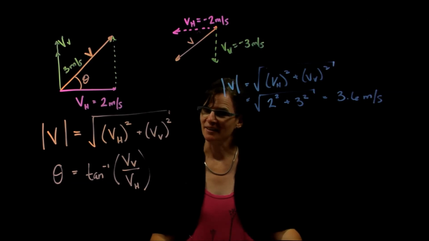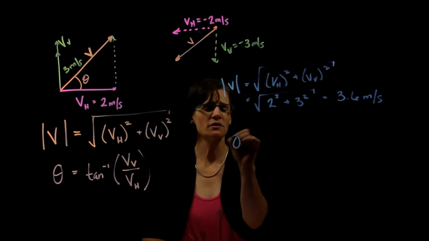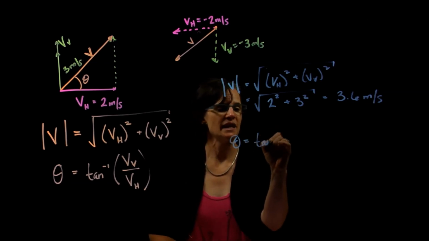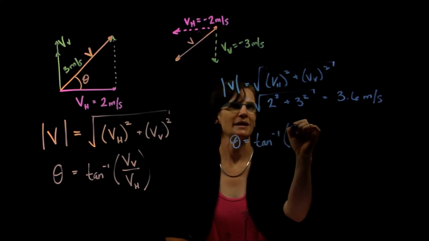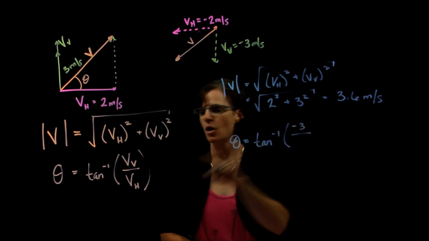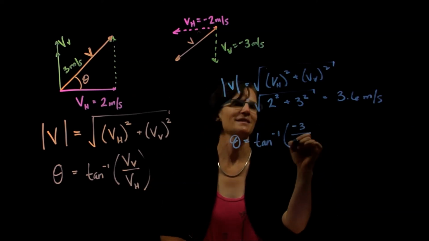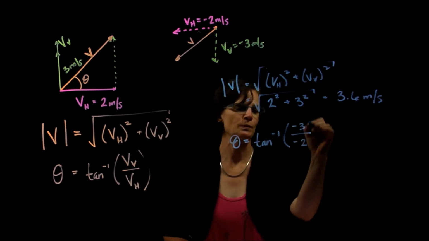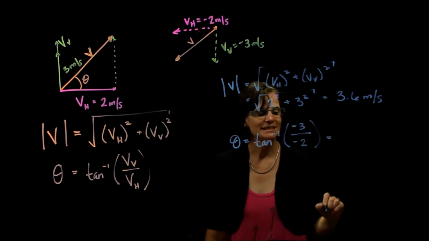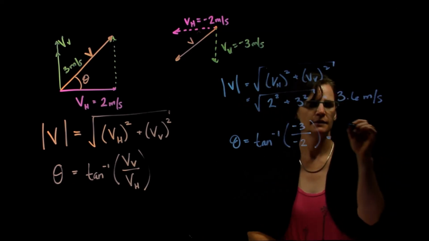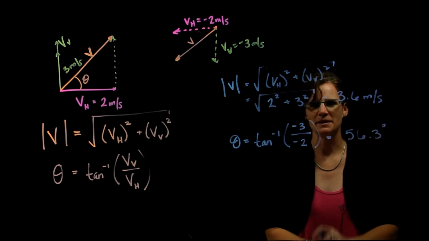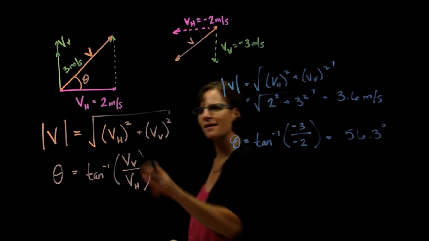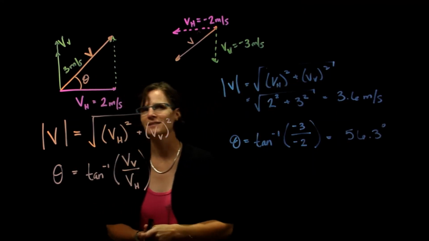But what about the angle? So in order for us to determine the angle, we take the inverse tangent of the vertical component, negative 3, over the horizontal component, negative 2. And that gives us an angle of 56.3 degrees, which was the same angle that we got in this example.